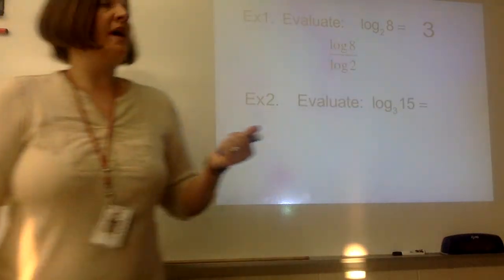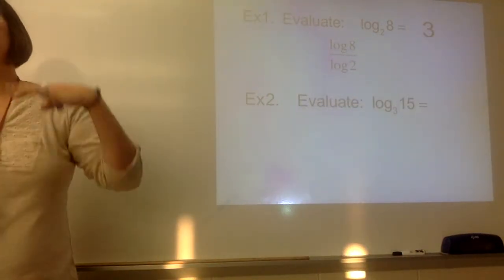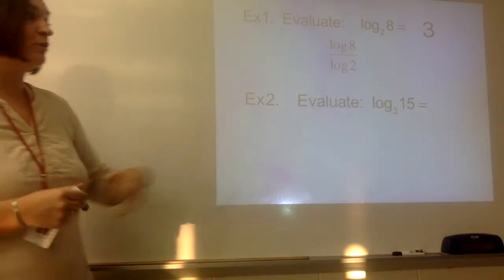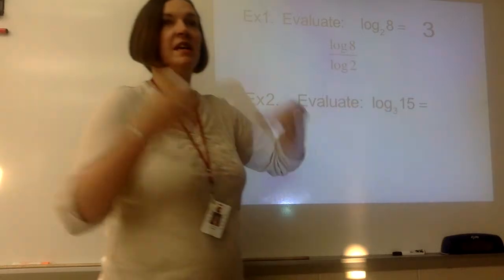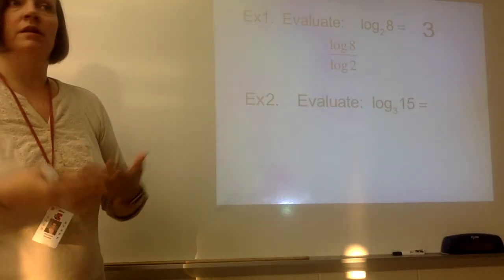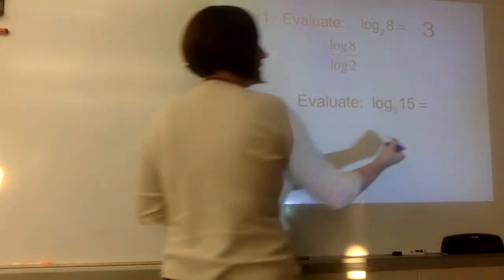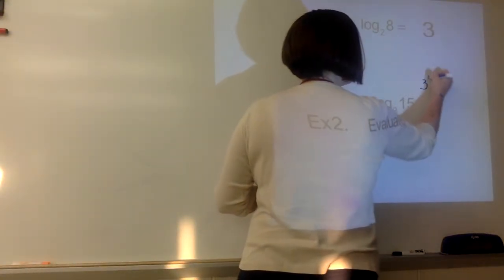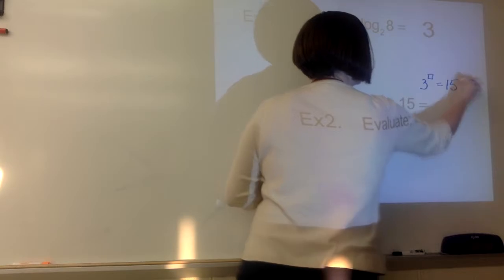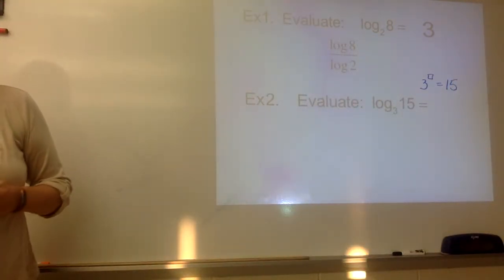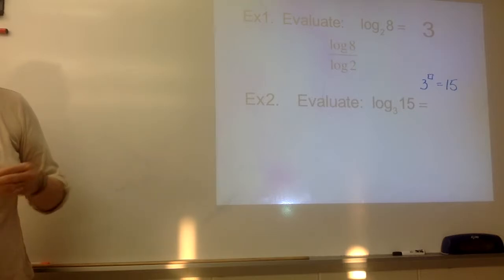Now, this is where, in example 2, some of you really have to slow down your thinking with logs. You know you think in multiplication. So when you read this, you're saying log base 3 of 15. Oh, the answer's 5. No, it's not 5. That's 3 times 5. What I'm asking you for is what is the exponent of 3 that gives you 15? It falls between which two integers? 2 and 3, right?